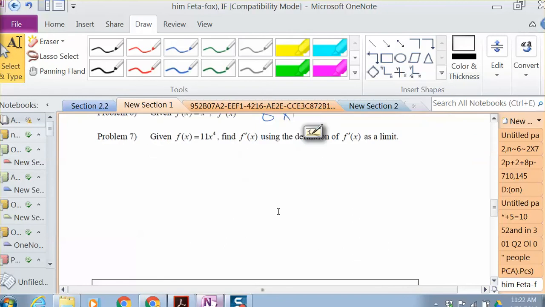For problem 7, now here we have 11 times x^4. Now, I am saying to use the definition of the limit. Okay, let's do it. So you got this.